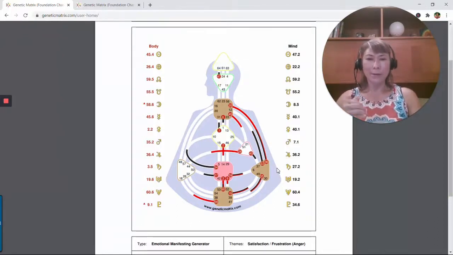And there are layers and layers of nuance within the chart that would give us clues as to how that works for them. But I hope you can kind of get a sense, if you are an emotional manifesting generator, that it isn't just about waiting to respond and then waiting for your emotions, which is purely the mechanics of it. But along the way, it's kind of like you have to feel your way into how that specifically works for you.